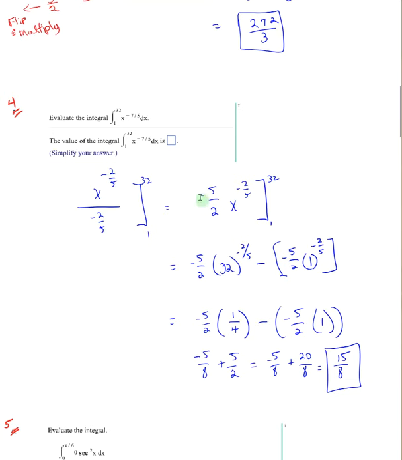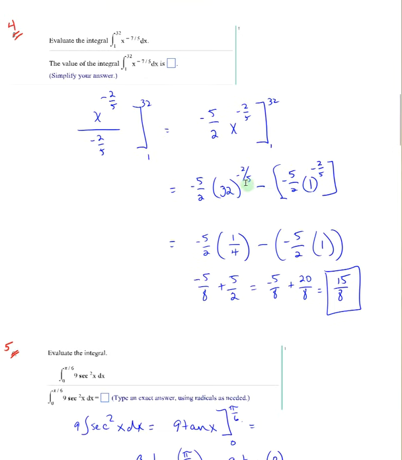So now we've got negative 5/2 x to the negative 2/5 evaluated 1 to 32. We're going to plug in 32 here and subtract, plugging in 1. So 32 to the negative 2/5 is 1 over, 5th root of 32 is 2, 2 squared is 4, so it's 1 over 4.